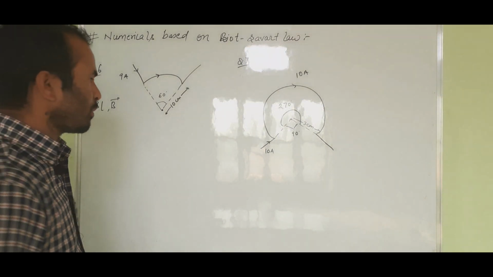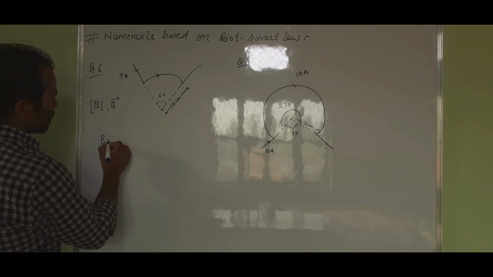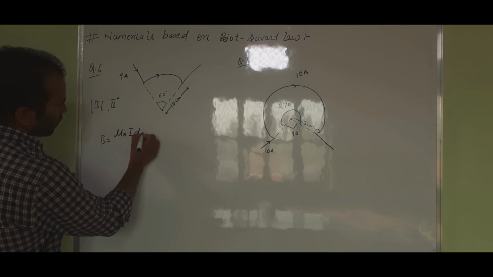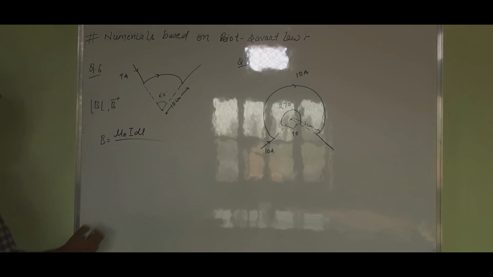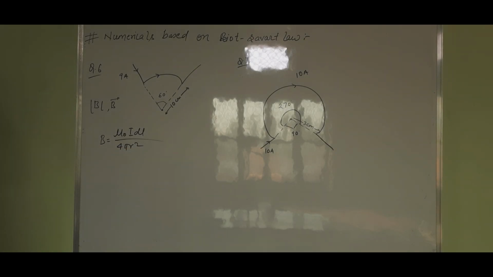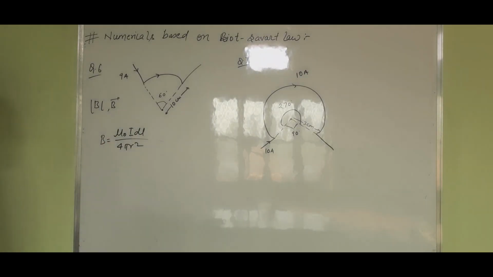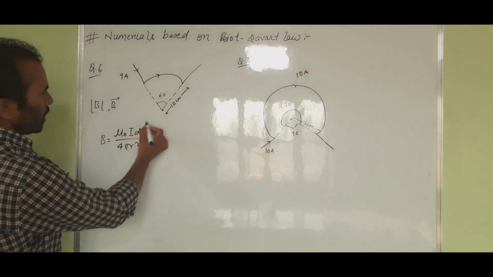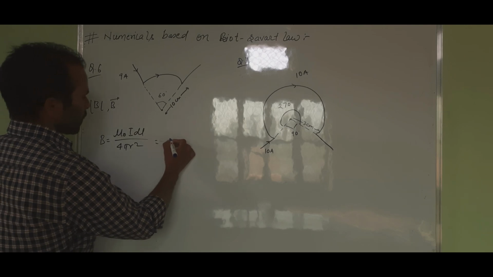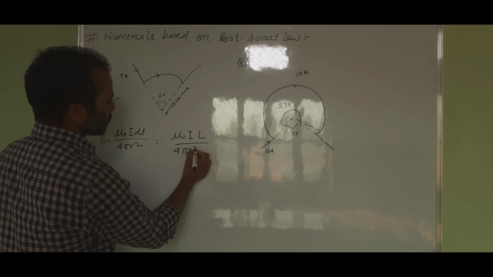We have studied that the magnetic field due to a circular coil, which we have obtained from Biot-Savart law, is mu naught I dl sin theta upon 4 pi r square. Sin theta is 1, so it becomes mu naught I dl upon 4 pi r square. Integrating dl to this length, it becomes mu naught I l upon 4 pi r square.